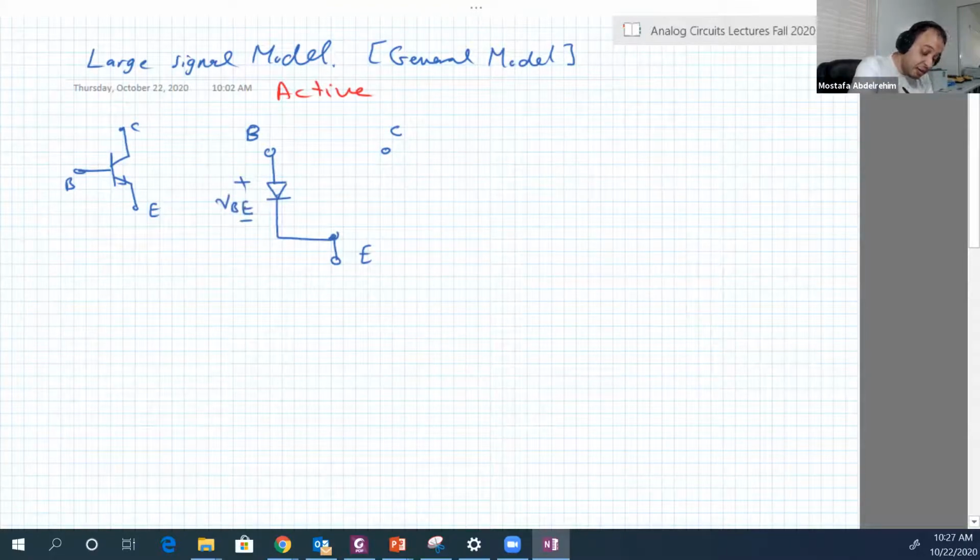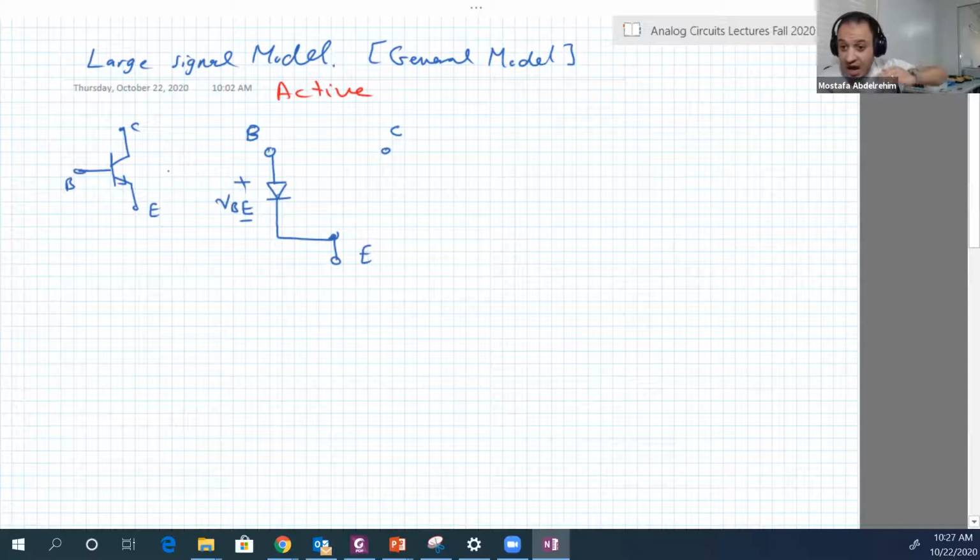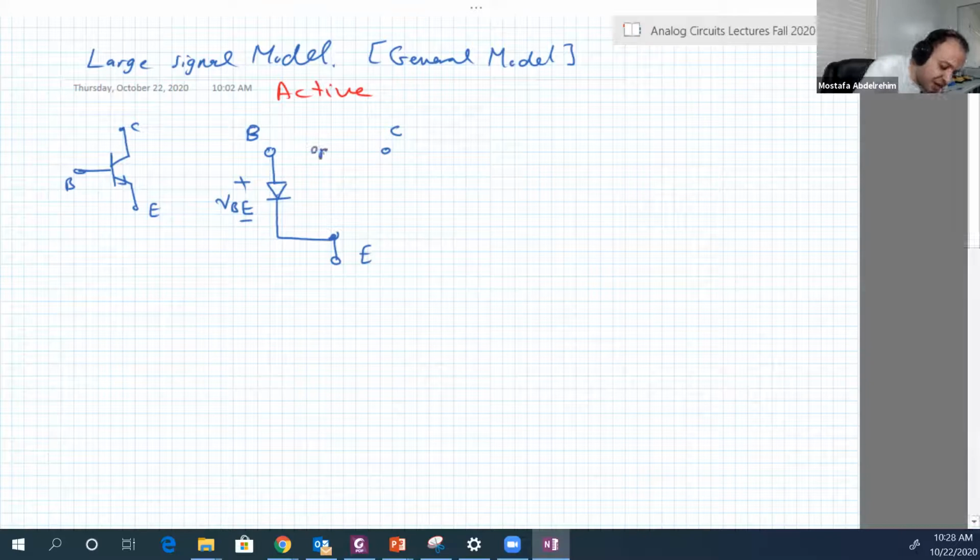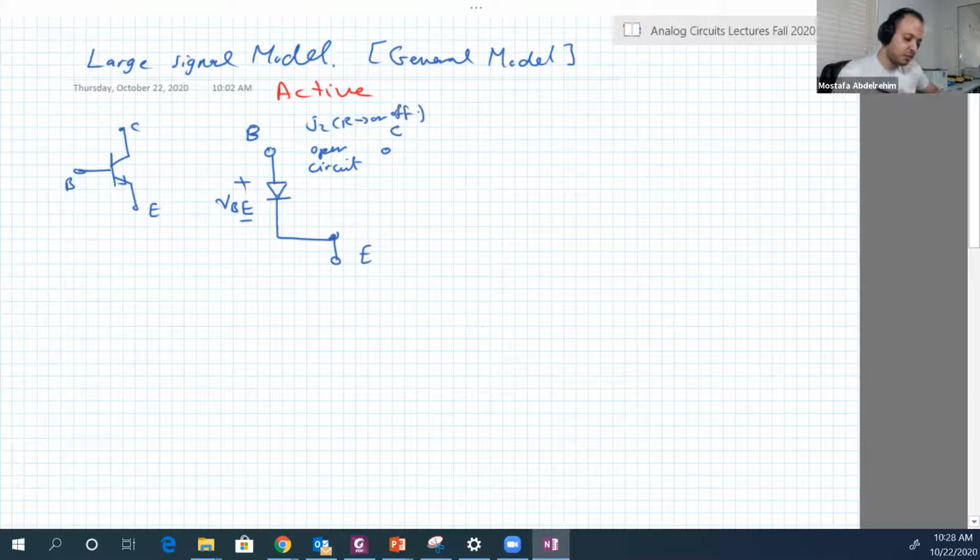And between the collector and the base, the junction is either reverse or even forward, but with very small current that can be neglected. So it can be represented as an open circuit, because J2 is reverse or, more generally, off. This is forward, J1.